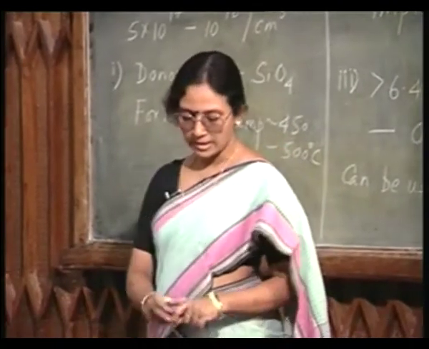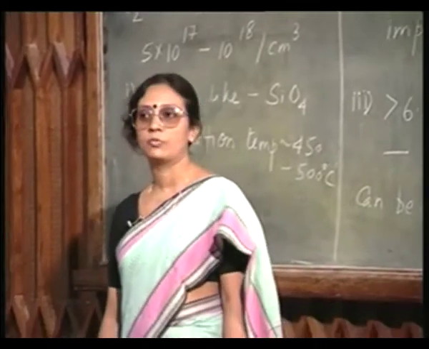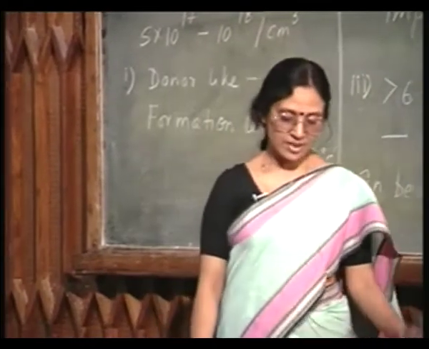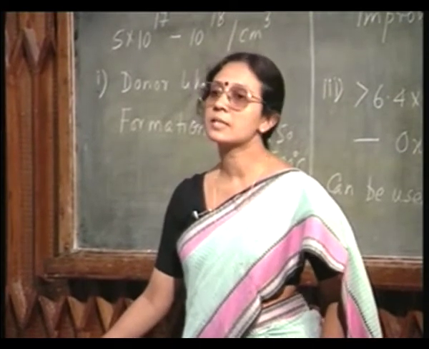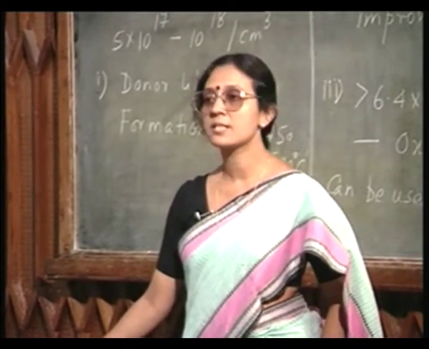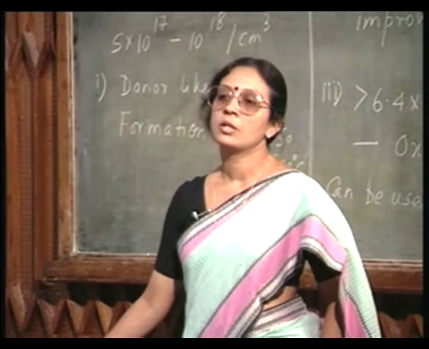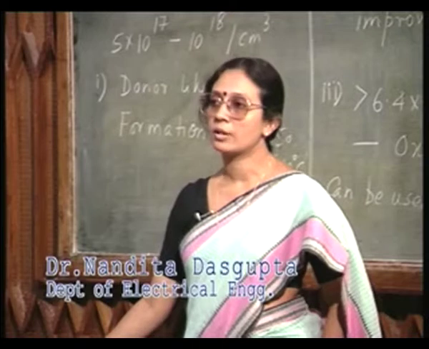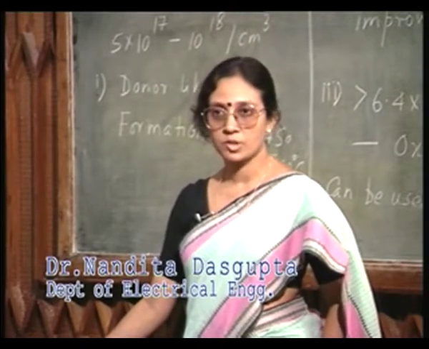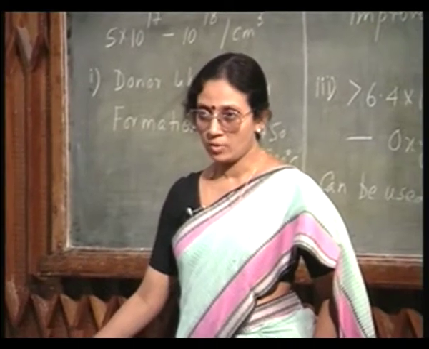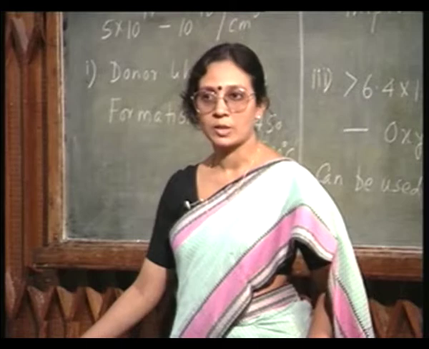So, essentially if we try to sum up what we have done so far, as far as the crystal growth technique is concerned, the Bridgman technique is a simpler process, but since during Bridgman growth the crystal is in contact with the boat and therefore is subjected to a lot of stress, there will be a lot of dislocations present in Bridgman grown crystal.